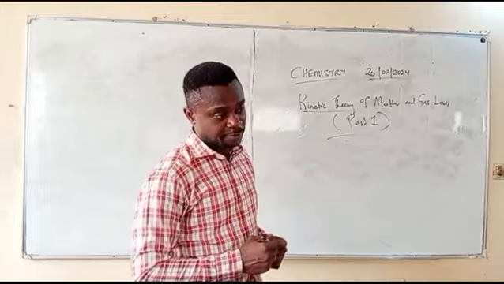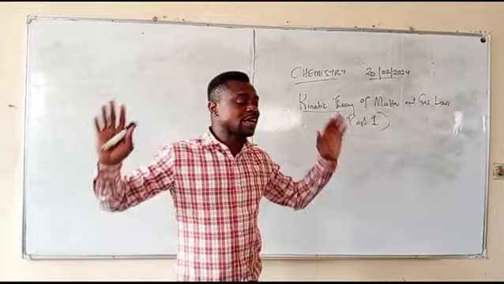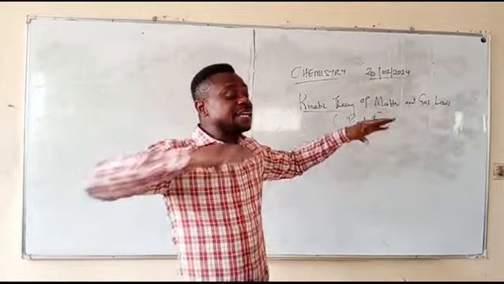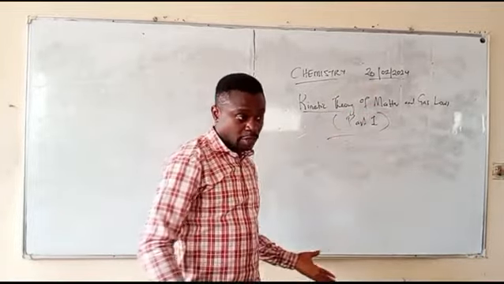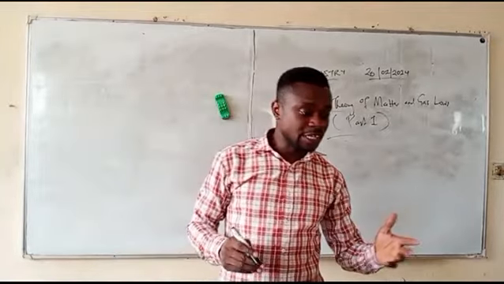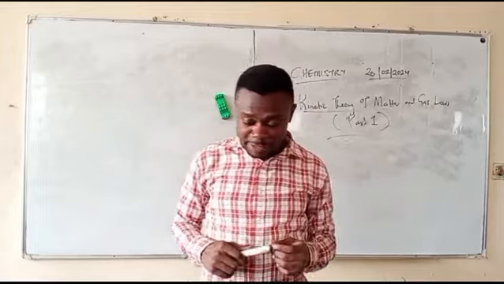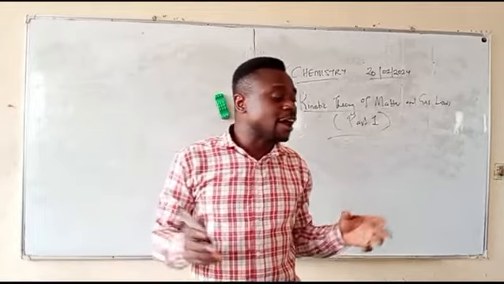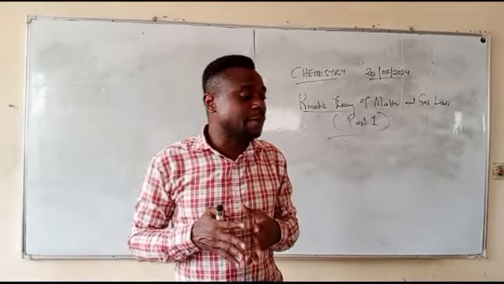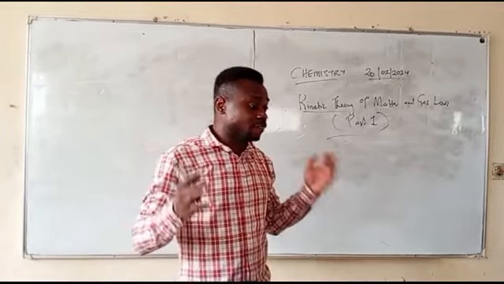Are we together? Now, of course, we have different solids formed by different chemical bonding. We have solids that are ionic. We have solids that are covalent, as the case may be. Now we have solids where the particles are held together by weak intermolecular forces.